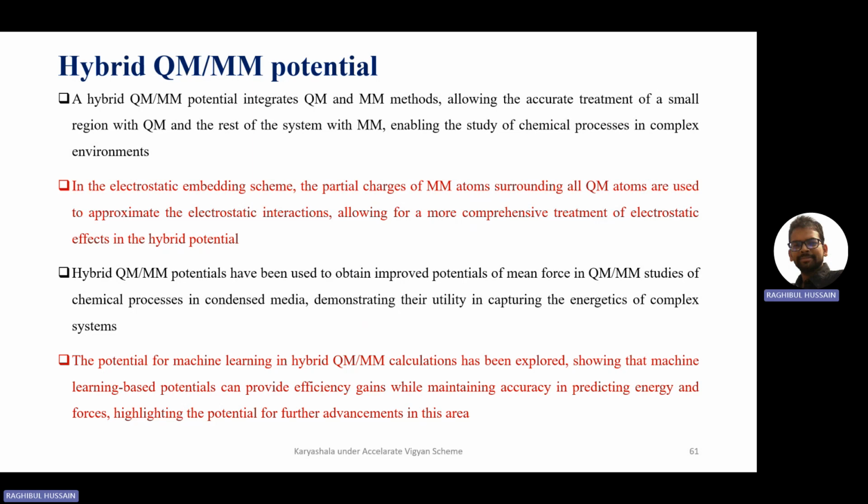That means the partial charges are calculated, allowing a more comprehensive treatment of electrostatic effects in the hybrid method. It has been used to improve the potential of mean force in QM/MM studies of chemical processes in condensed media like liquid systems, demonstrating its utility in capturing the energy of complex systems.